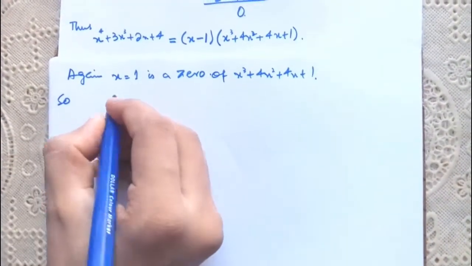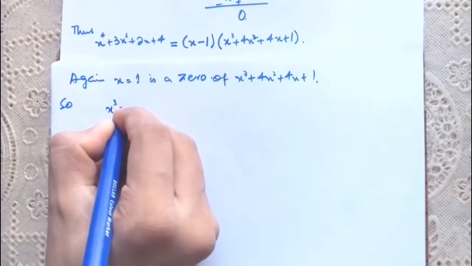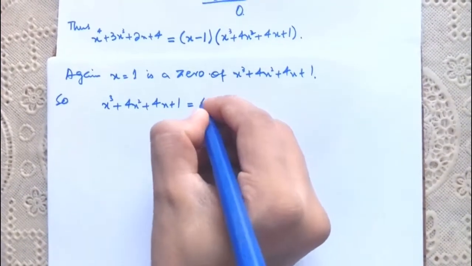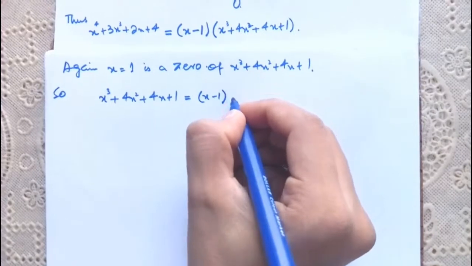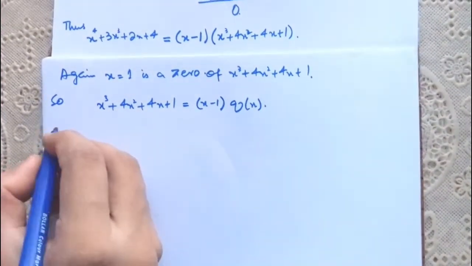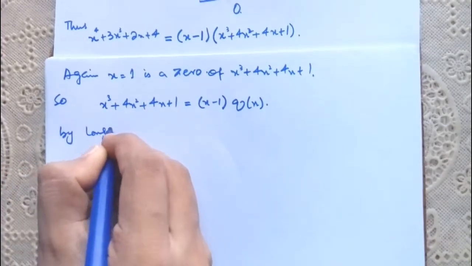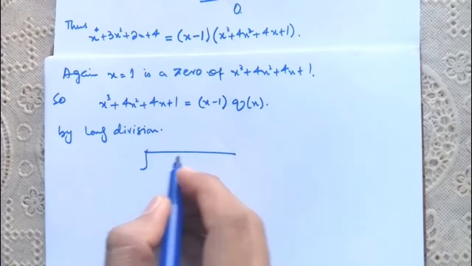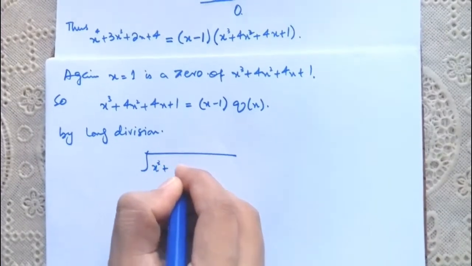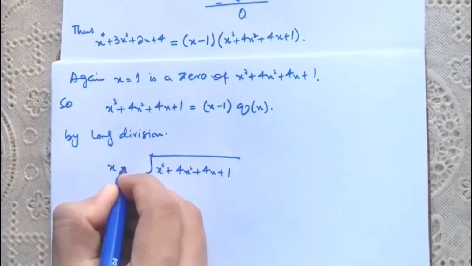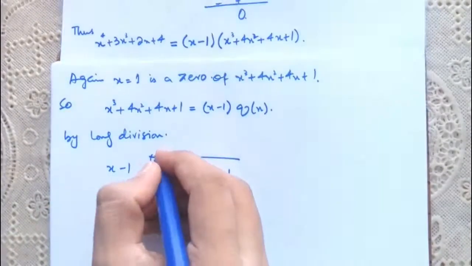Again by the division algorithm, this polynomial x^3 + 4x^2 + 4x + 1 is equal to (x - 1) q(x). Now how to find q(x)? By long division. So x^3 + 4x^2 + 4x + 1 is divided again by x - 1.